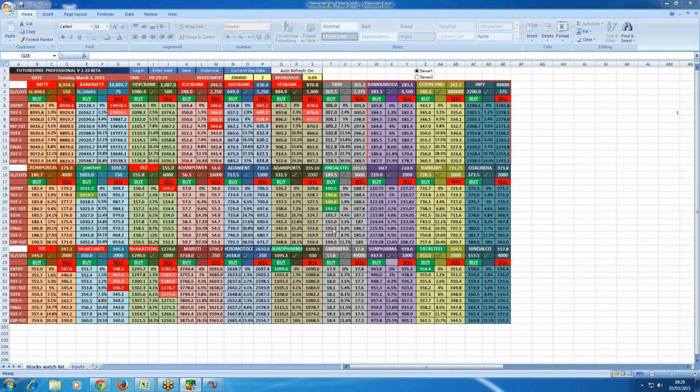Jindal Steel should be, let's check the charts. So it will become easier to trade with both the applications. I will show you how.